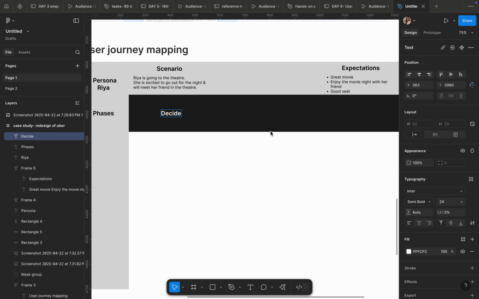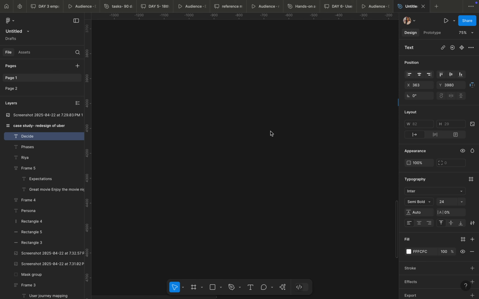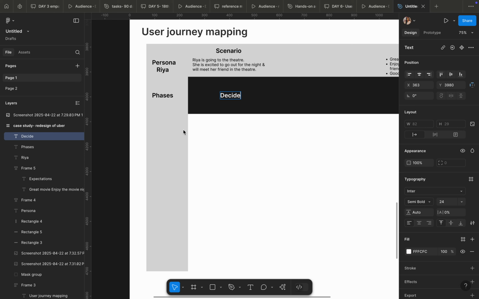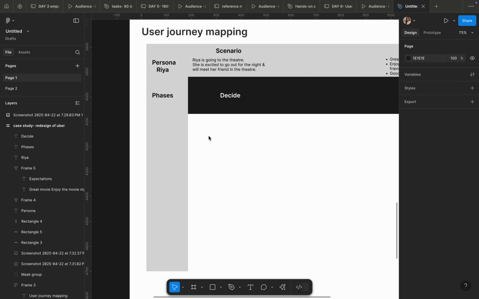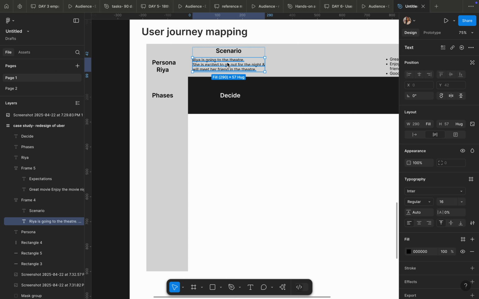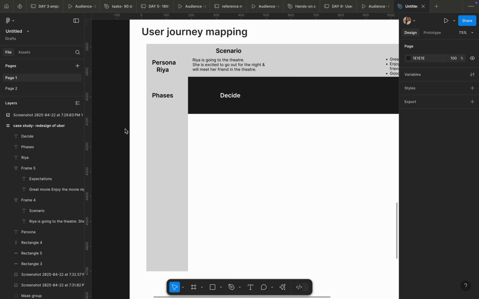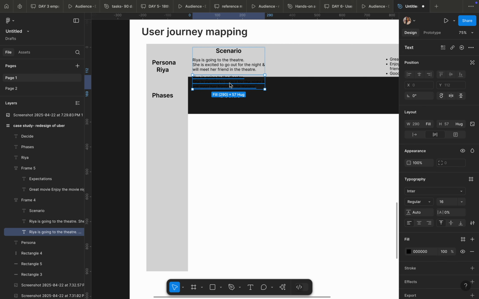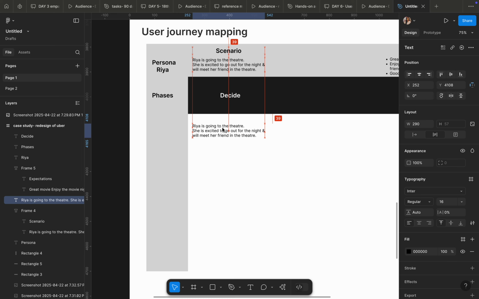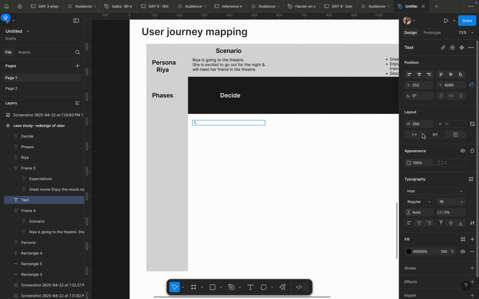First comes the deciding phase, because that comes first, because she's not having any other option. She has to decide in order to start the process, right? So she is deciding what movie to go to.